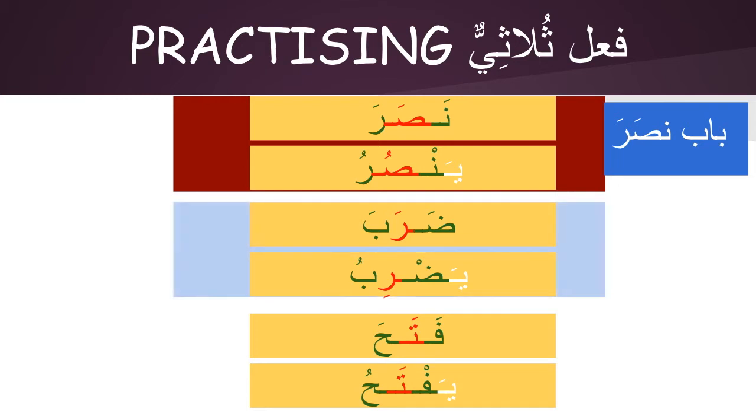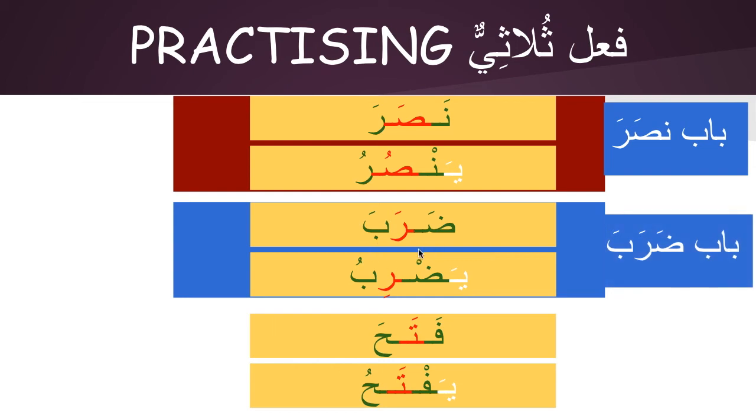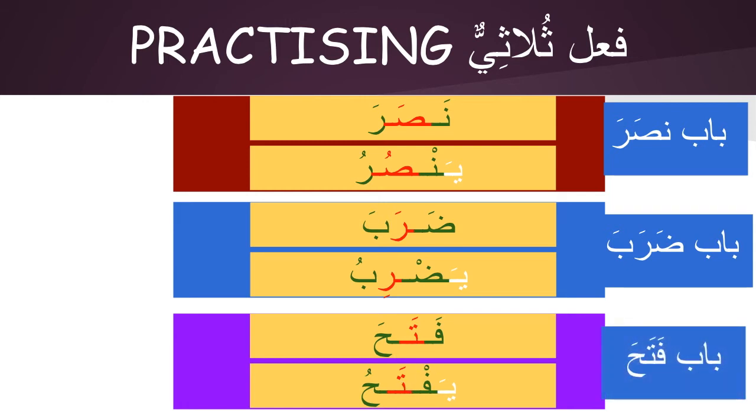And we have daraba yadribu. This is called Bab Daraba, which means the ain kalima has fatha in madi and kasra in mudari'. Finally we have fataha yaftahu, where both madi and mudari' have fatha on the ain kalima, and this is called Bab Fataha.